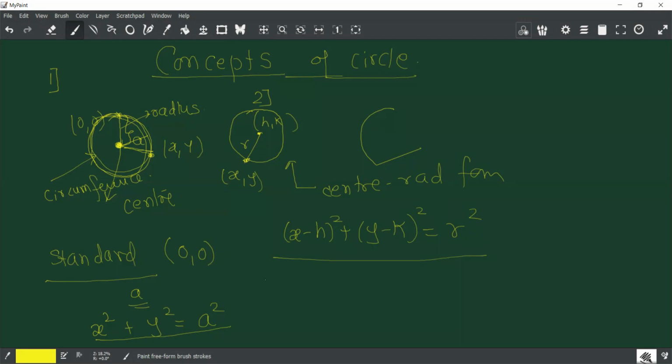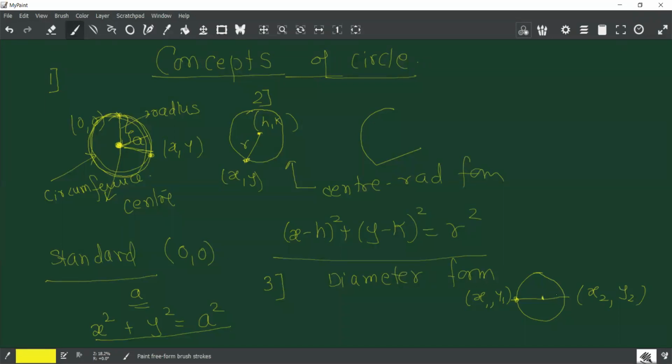Which is the third form of the equation of a circle? That is diameter form. What is diameter form? If somebody gives you the extremities of the diameter, x1, y1 and x2, y2, never show the diameter like this. Show that it passes through the center.